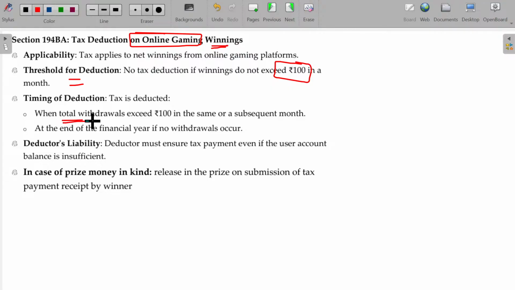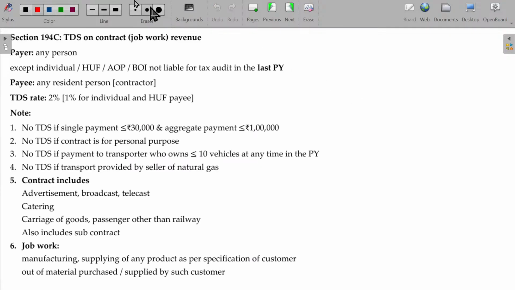When the total withdrawal exceeds 100 rupees in the same or subsequent month, TDS is deductible. If it is not withdrawal, then by the end of the year you have to pay the TDS. Is that okay?